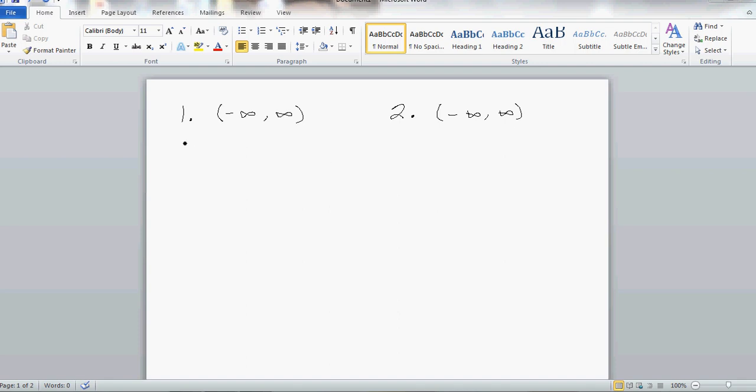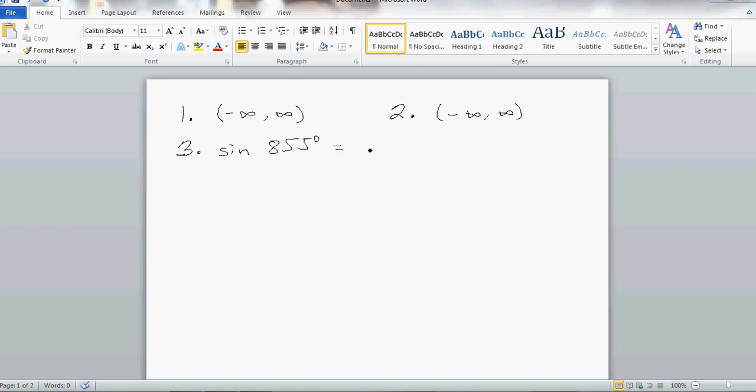numbers. The next group of problems say use the fact that the trigonometric functions are periodic to find the exact value of the expression, and we are not allowed to use a calculator. And so we begin with the sine of 855 degrees. Being periodic means we need to get it into a manageable angle.